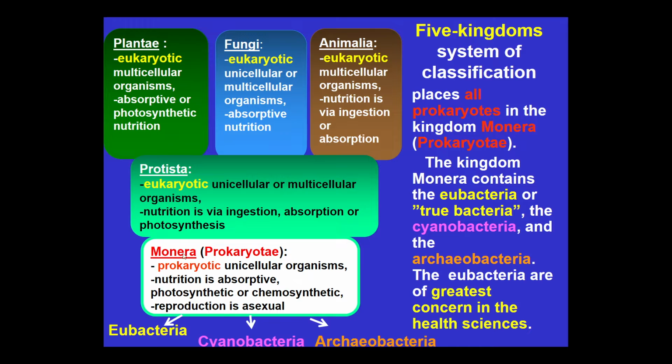In Monera or Prokaryota, we may distinguish three basic groups of bacteria: eubacteria or true bacteria, cyanobacteria, which perform photosynthesis, and archaeobacteria, which may be different from eubacteria.